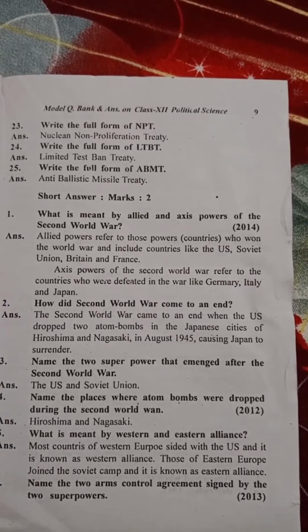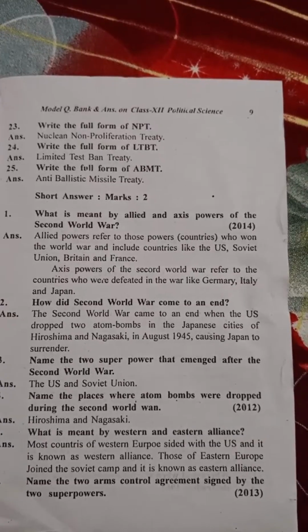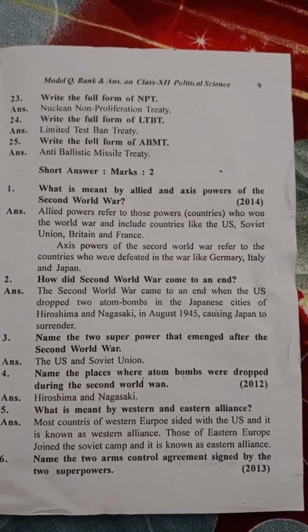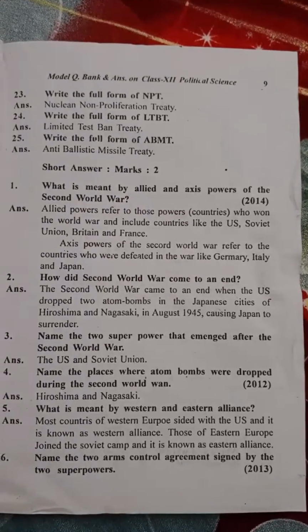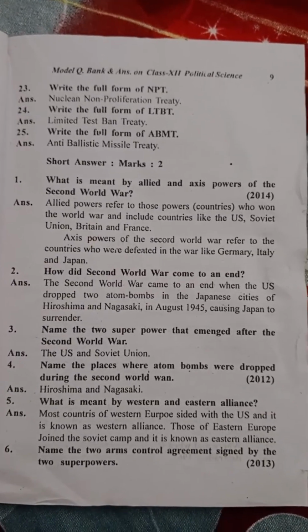Name the 2 superpowers that emerged after the Second World War. The US and the Soviet Union. Name the places where atom bombs were dropped. Hiroshima and Nagasaki is the answer.